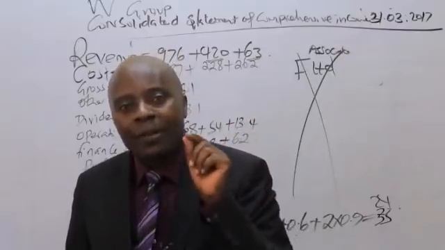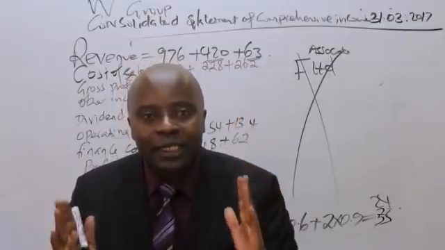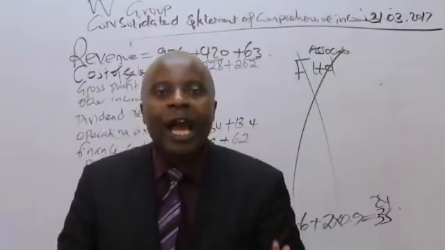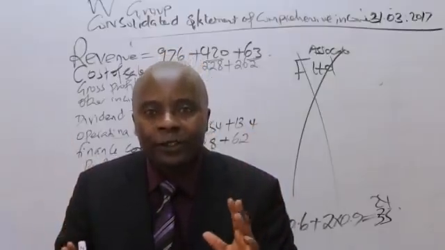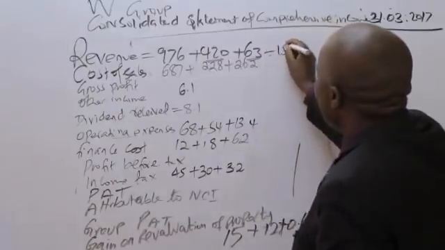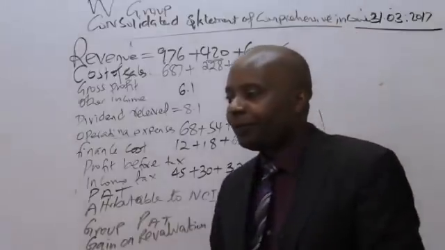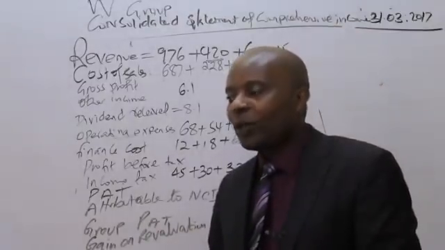Ladies and gentlemen, remember that intra-sales should always be deducted from the group sales and the group cost of sales. So come to the group sales here and you subtract 15, and the 15 there. What have I said?